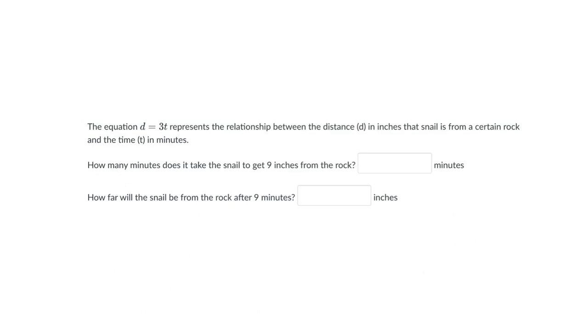Okay, this question is also a review. I really like this because it's going to help us do some things in the next couple units. It says, the equation d equals 3t represents the relationship between the distance in inches that a snail is from a certain rock and the time t in minutes. So d equals 3t.